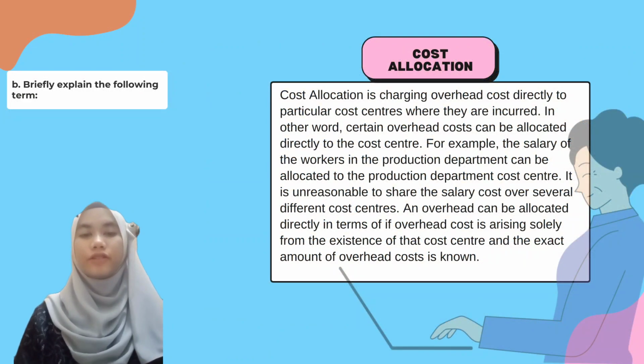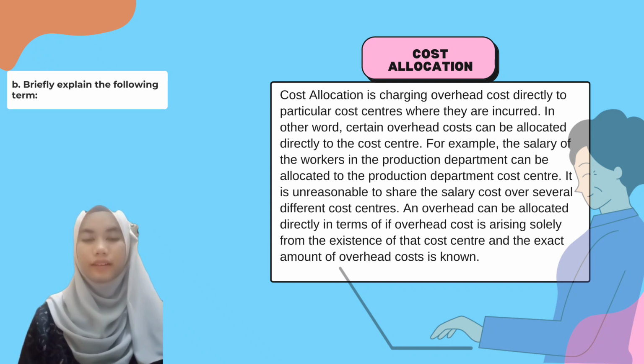Okay, firstly, cost allocation. Cost allocation is charging overhead costs directly to particular cost centers where they are incurred. In other words, certain overhead costs can be allocated directly to the cost center. For example, the salary of the workers in the production department can be allocated to the production department cost center.